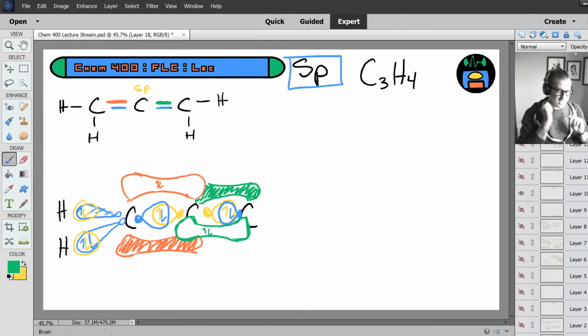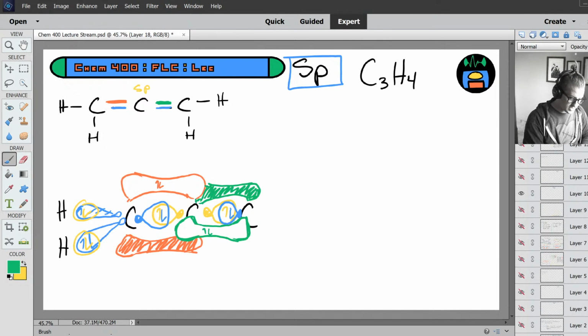Now here's the effect that has on carbon number 2. We know that all of the sigma bonds in an sp2 hybridized atom are in one plane. But for the second carbon on the right, the pi bond is coming out of the plane at us, which means that all of the sigma bonds are in the plane of the screen.